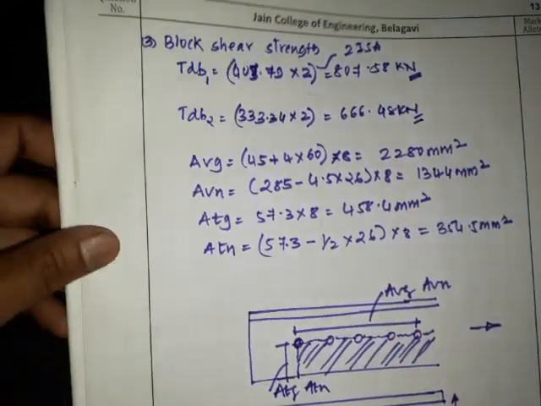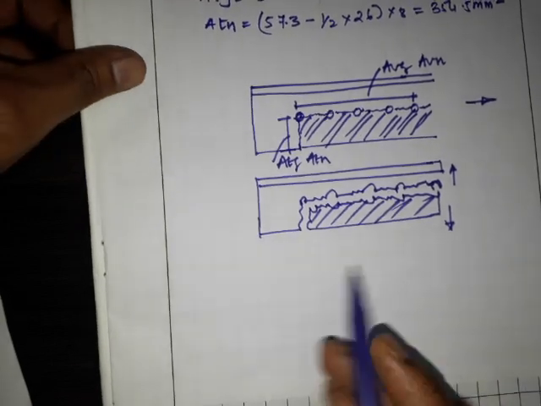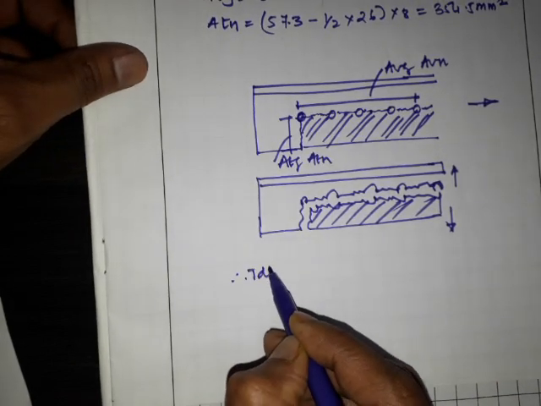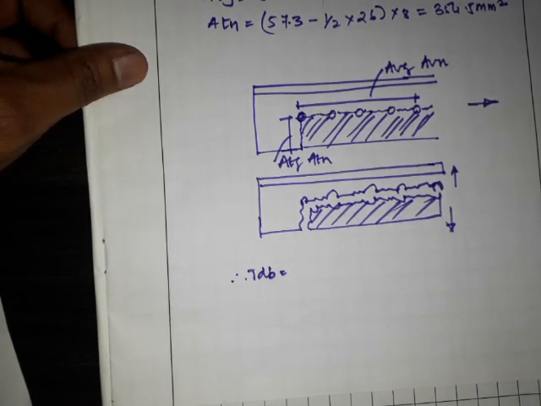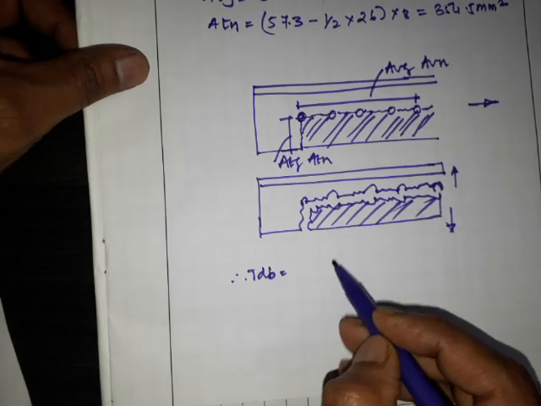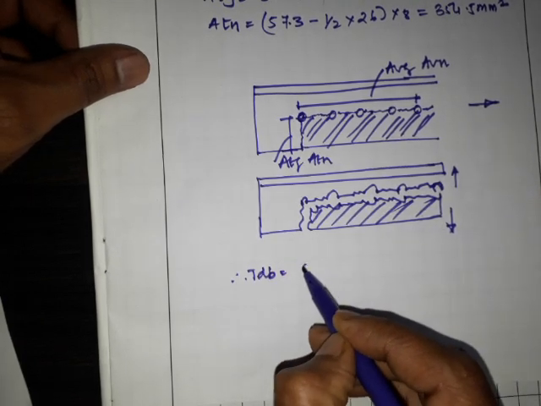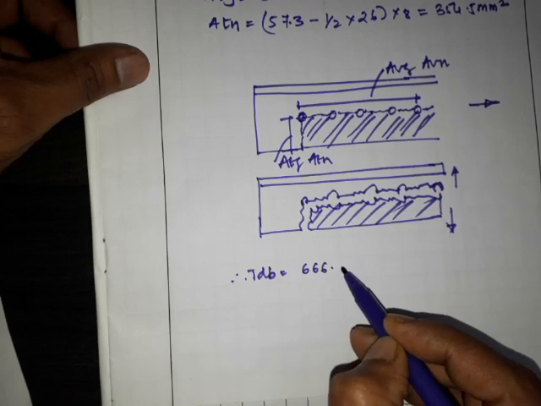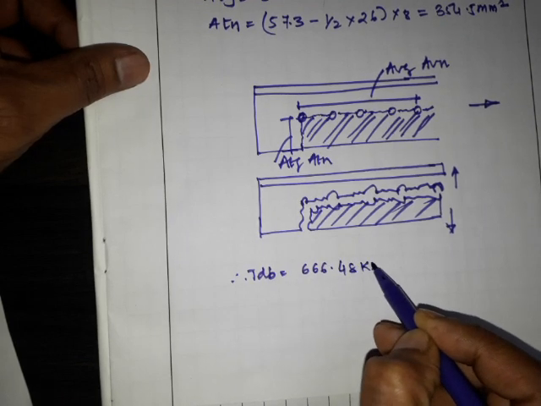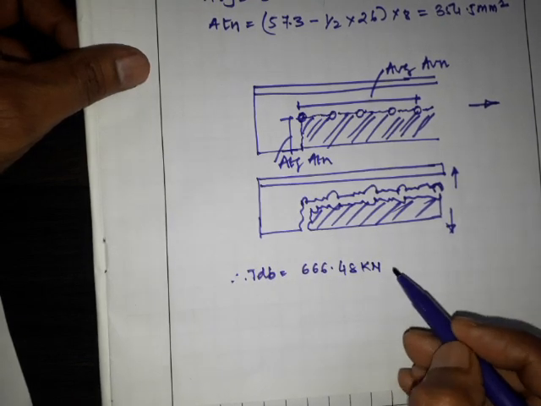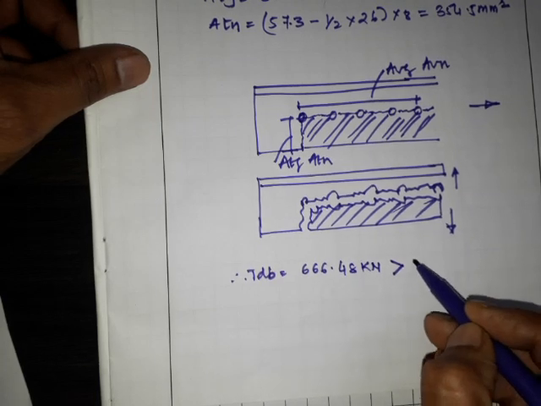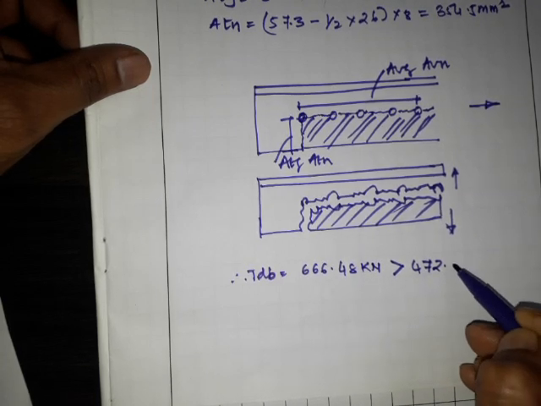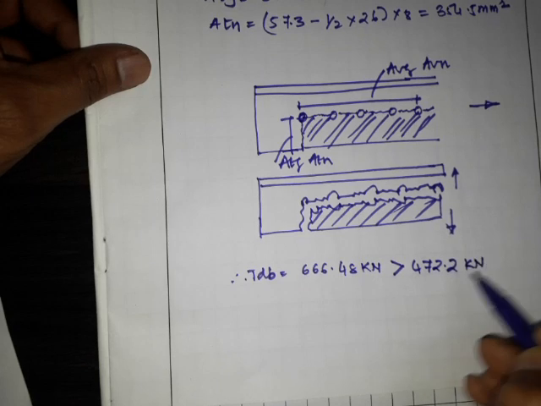So you have to choose the least of these two. Therefore TDB is equal to the least of these two, which is 666.48 kilonewton, which is again more than the design tensile force of 472.2 kilonewton.